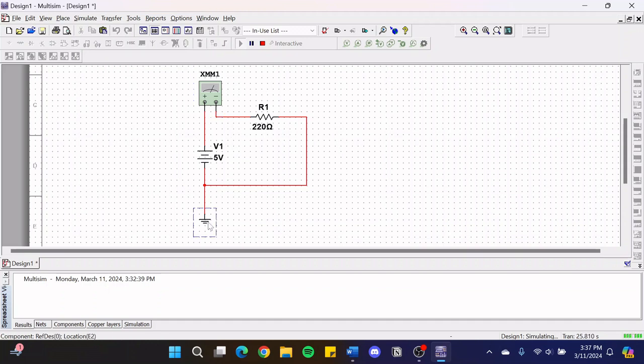This is our ground point right over here. So before we open the simulation, I want to go ahead and give you guys 5 seconds to pause the video in case you do want to attempt to calculate the current going through our circuit by yourselves. So I'll give you a 5 count. 1, 2, 3, 4, 5.